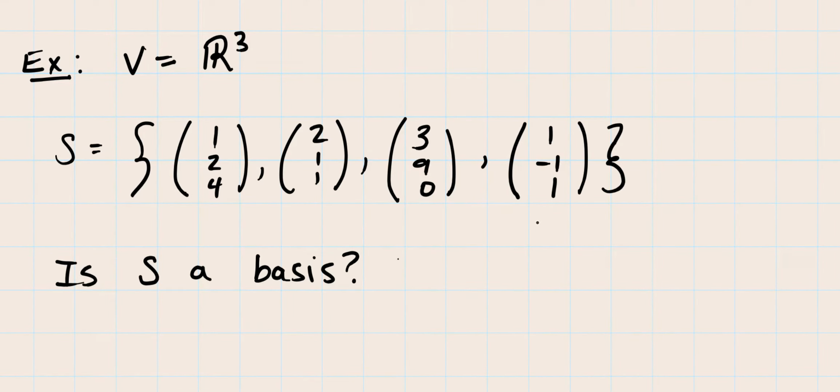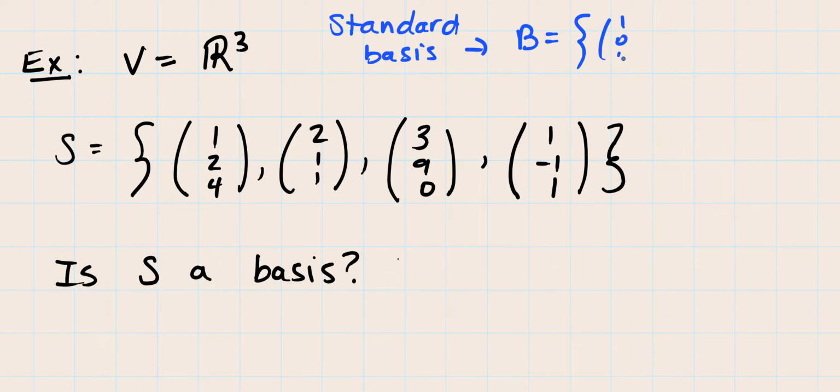Let's look at our first example. Let's say that V is equal to R3. I want to know, does this set form a basis for R3? To solve this problem, we need to remember the standard basis. The standard basis, B, is E1, E2, E3.